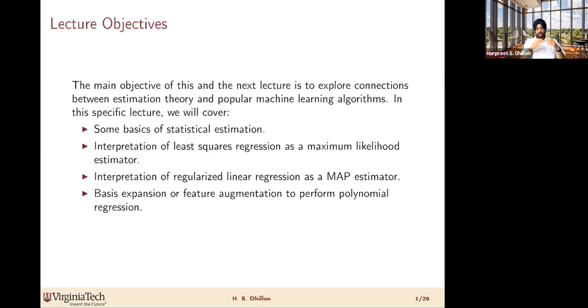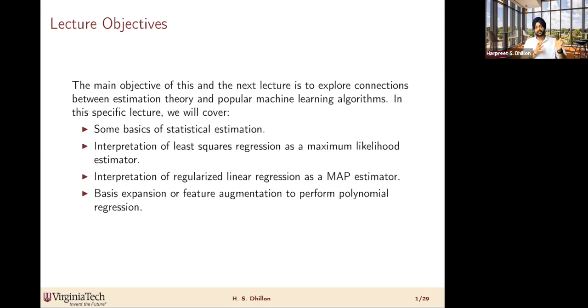Then we are going to use that knowledge to interpret least square regression as maximum likelihood estimator. Then we are going to interpret the regularized linear regression as a MAP estimator. And we are then going to conclude this lecture with an interesting idea of basis expansion or feature augmentation, because of which linear regression is actually a little bit more general than you might first think.